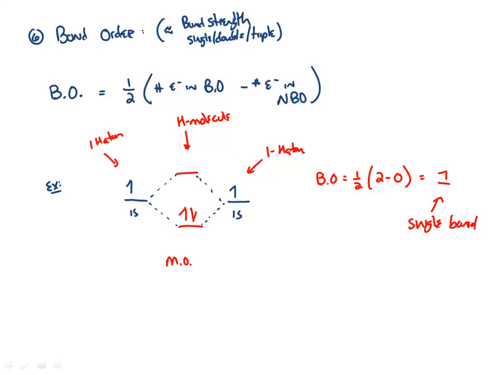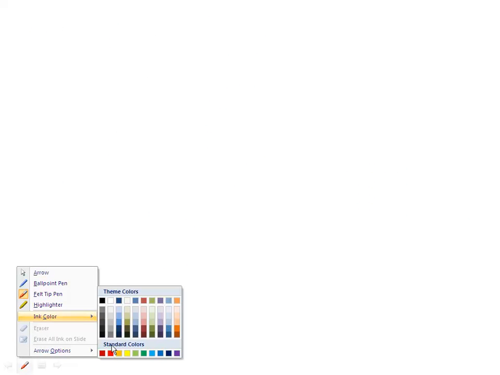which is good, because what type of bond does hydrogen make? A single bond, right? And then if we take a look at the next element up, helium, and we try to make the He2 molecule, which first of all we know does not exist. So again, I have my 1s orbital, my 1s orbital, I have my molecular orbitals, and each helium has 2 electrons.